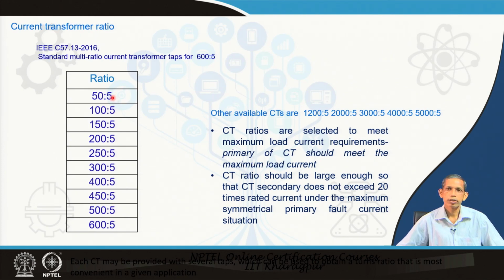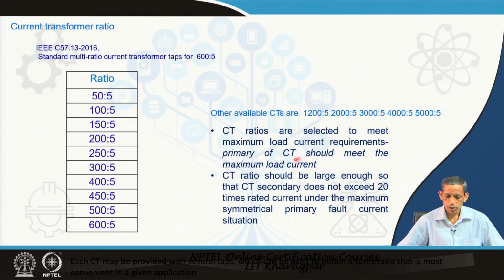So, from the same winding you can have different tappings to have different current ratios available from the system. Other available CTs are similar as per the standard: 1200 to 5, 2000 to 5, 3000 to 5 and like that 5000 to 5.